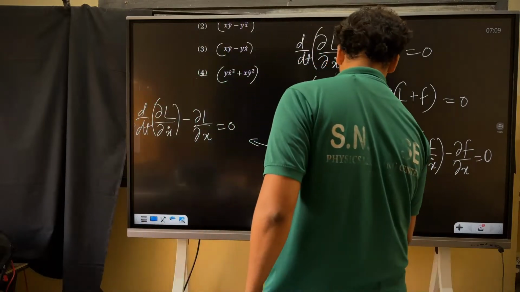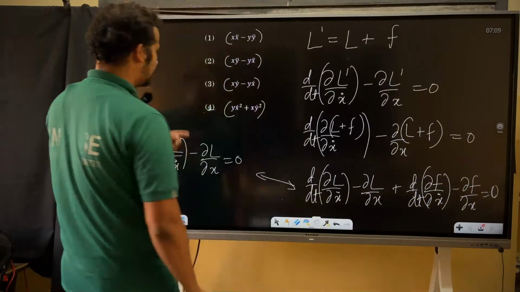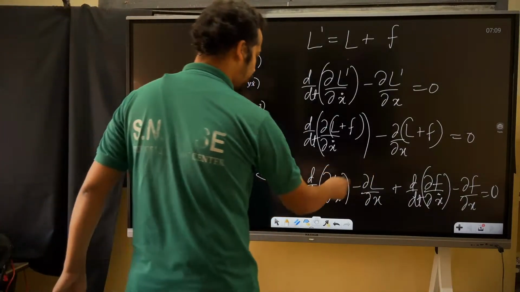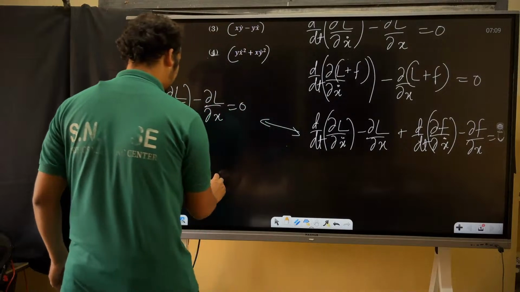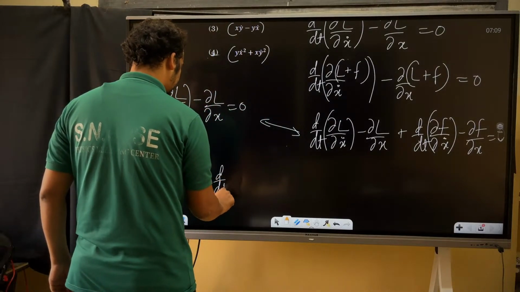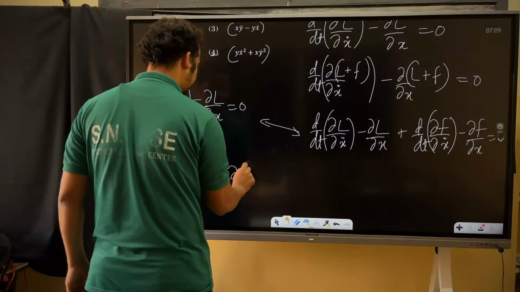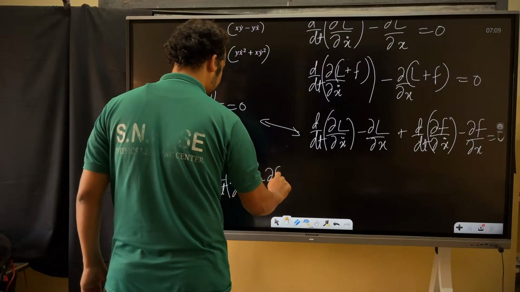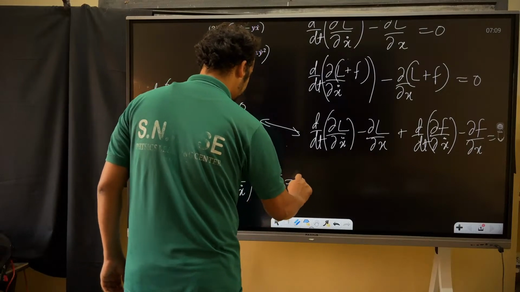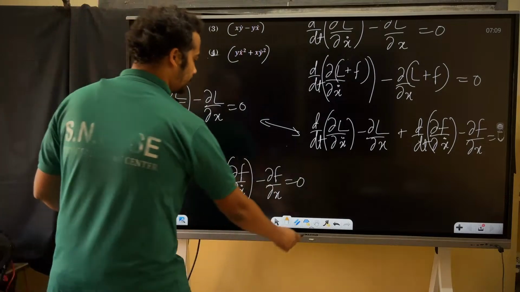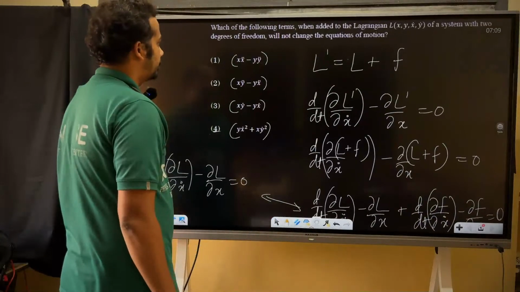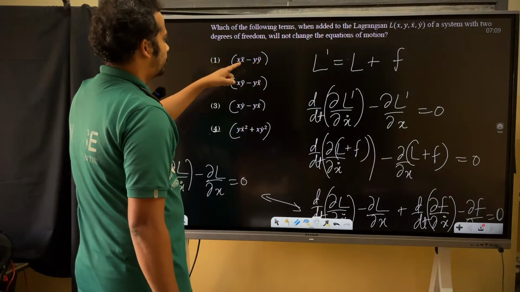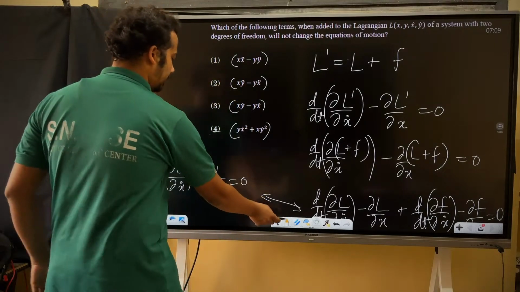But while applying that, you can observe that I think options 3 and 4 won't happen. It won't make this part 0. Whatever you are adding, that function should again satisfy Lagrange's equation of motion. The first option may also not happen; I know that one.